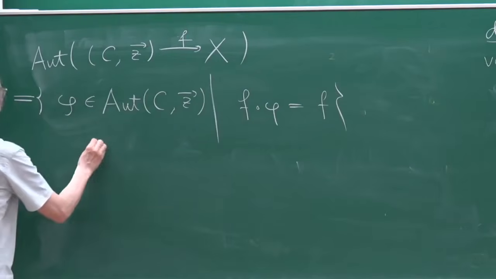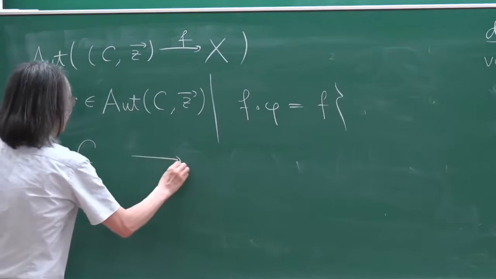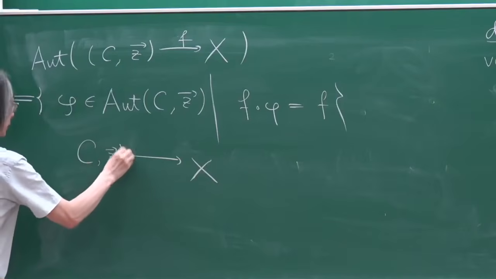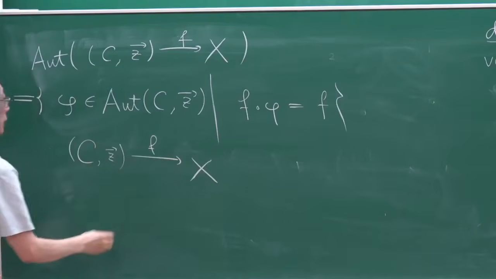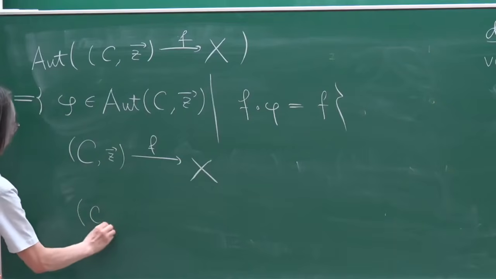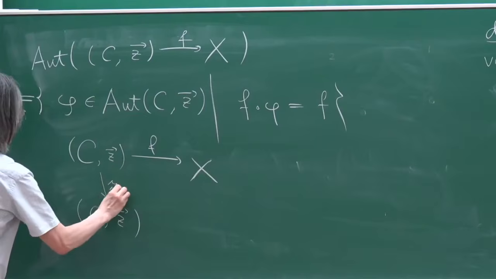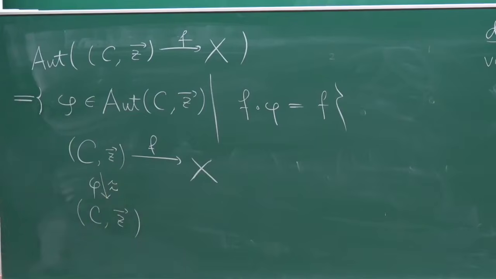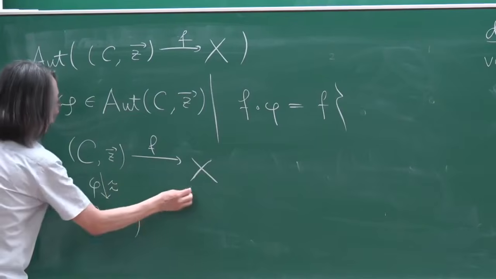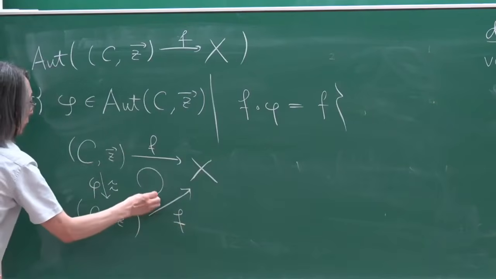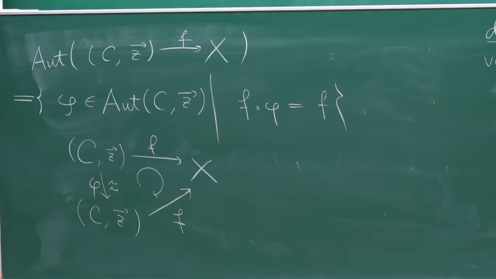So you have C here going to X, maybe Z here. And then here you have C, Z, you have a biholomorphic map phi. And then just consider this picture, right? If this one commutes, then we call this phi, biholomorphic phi, an automorphism of this map.